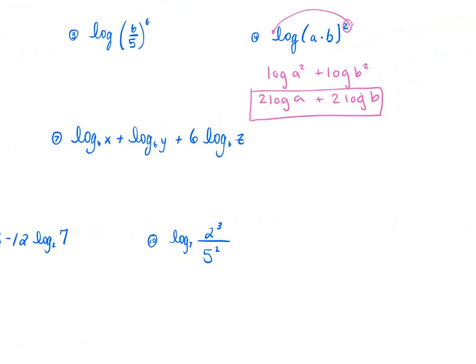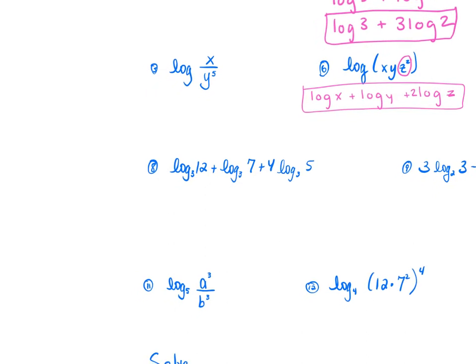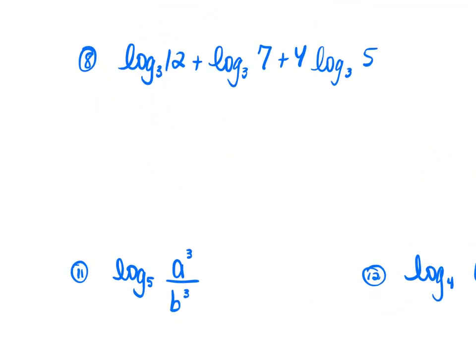All right, number 8. What do we do here? Condensing. So what do we get? You get log base 3 and parentheses 12 times 7 times 5 to the power of 4. Perfect.